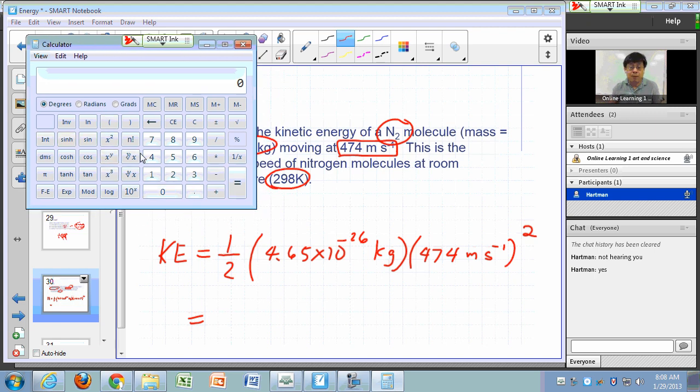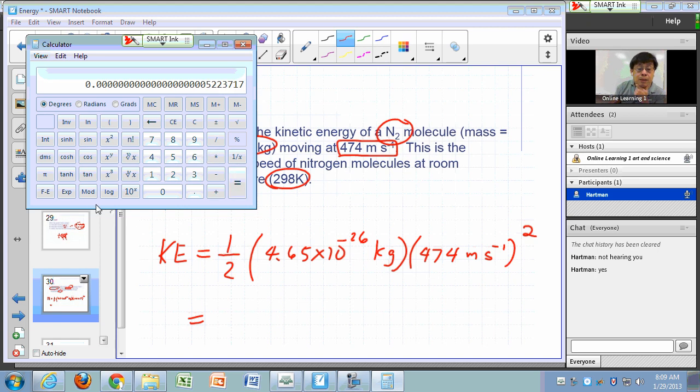I'm going to square my 474 first, 474 squared, times 4.65 times 10 to the negative 26, divided by 2, equals that.